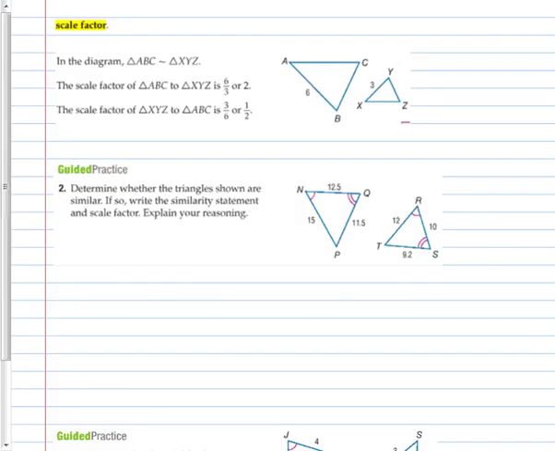Scale factor. I told you what the scale factor was. In the diagram, they say that triangle ABC is similar to triangle XYZ, which means A matches up with X, etc. The scale factor is 6 to 3. So if we look at side 6, which is AB, the first two, so XY are the first two.